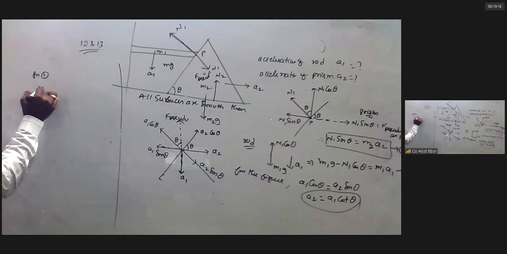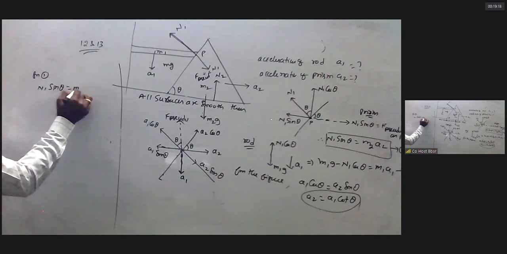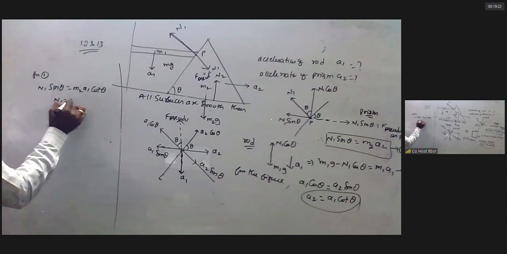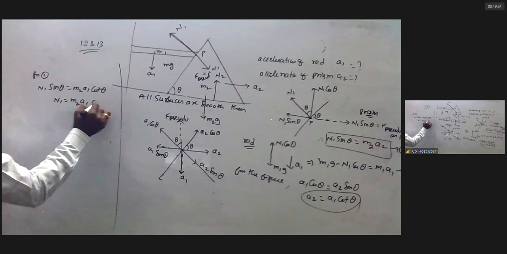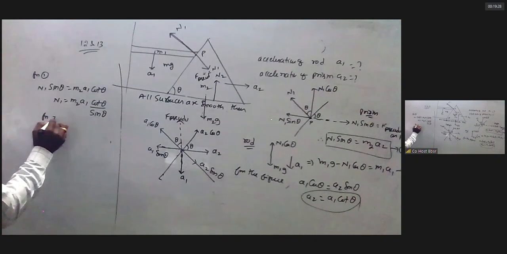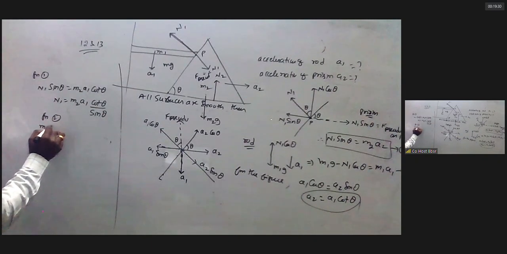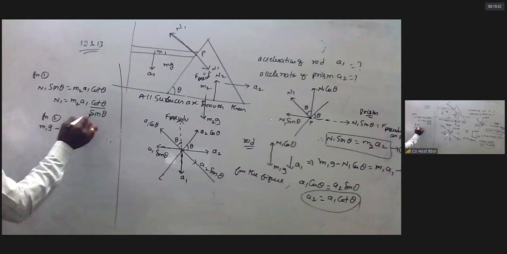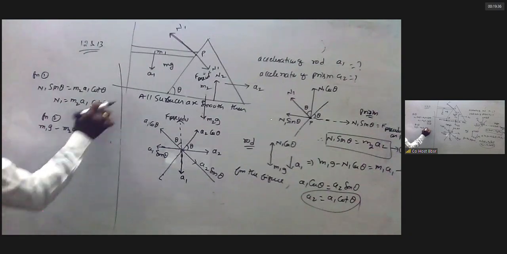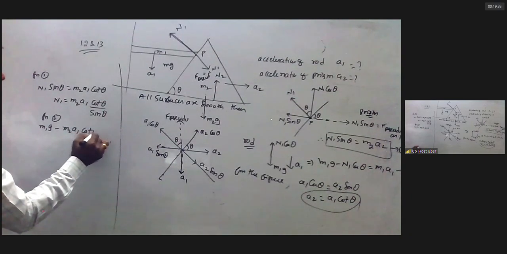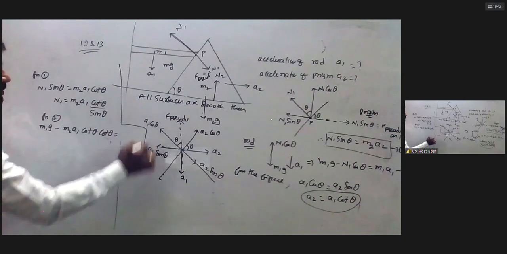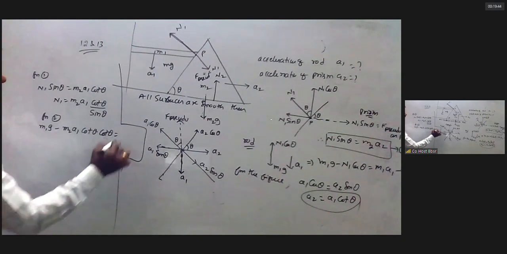N1 sin theta equal to M2 into A1 cot theta. So N1 equal to M2 A1 cot theta by sin theta. Now from 2, M1G minus N1, means M2 A1 into cot theta into cos by sin, again cot theta, equal to M1 A1.